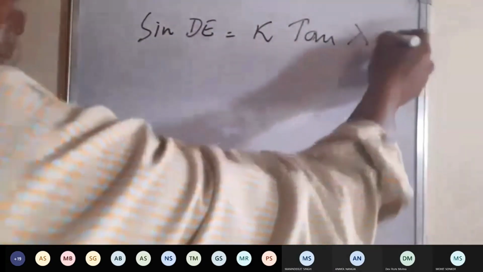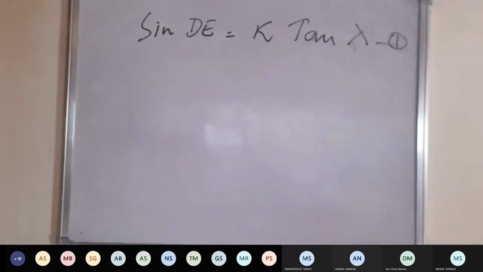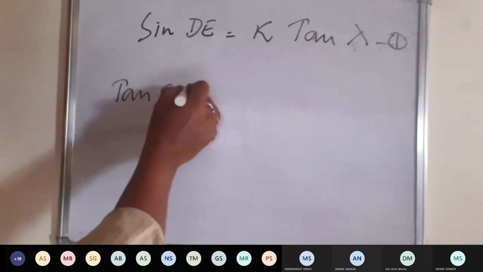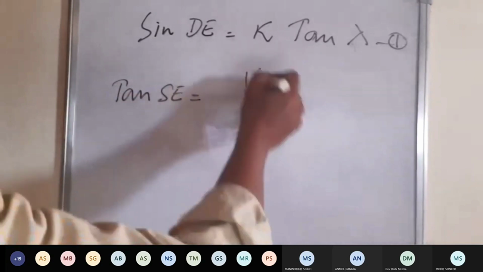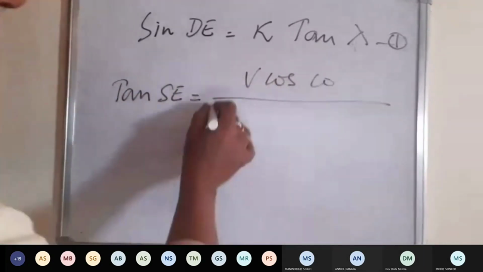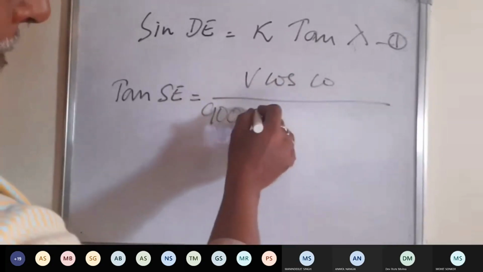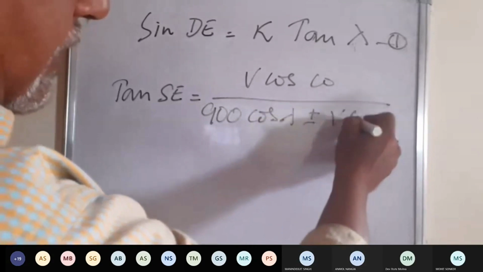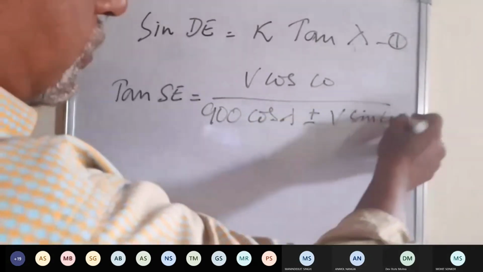Okay sir. sin DE is equal to K tan latitude. This is number one that we are going to use extensively. The other one is tan SE is equal to V cos course divided by 900 cos lat plus or minus V sin course.